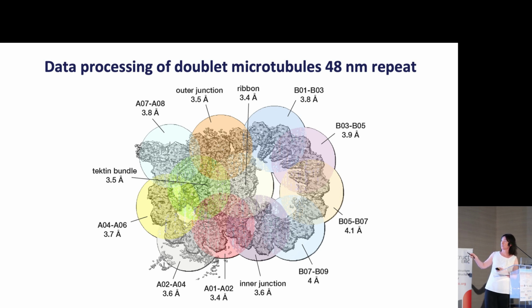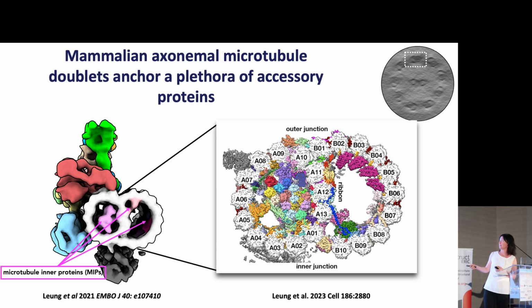You can see the local resolution that we got for the different parts of the doublets. So it means that now what we have is a map that is better than 3.5 angstrom resolution all around.